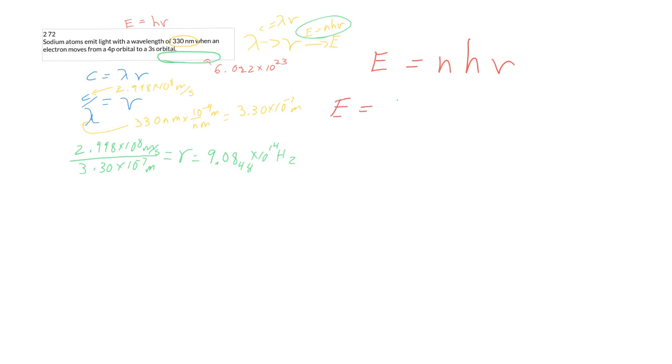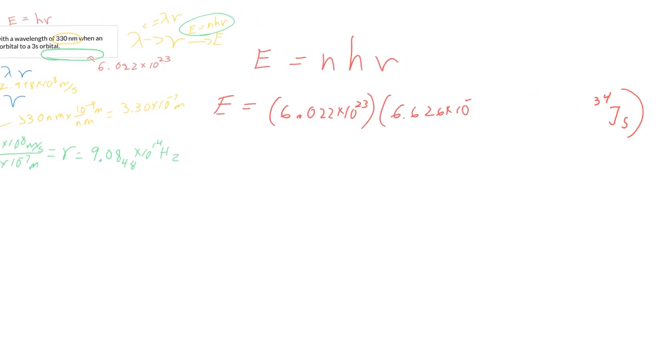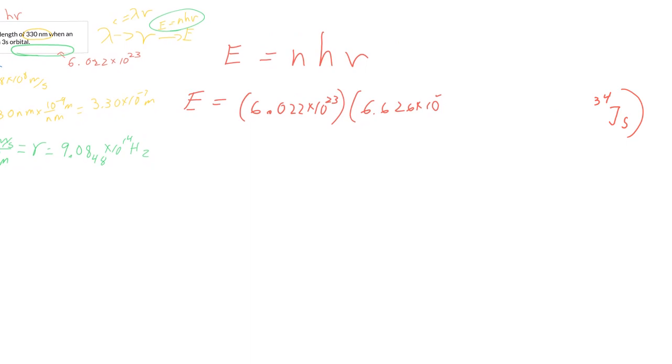So we've got energy equal to a mole's worth of photons, 6.022 times 10 to the 23rd, times Planck's constant, 6.626 times 10 to the negative 34th joules second, times our frequency, and I didn't give myself enough room. And we're using that frequency from last time.